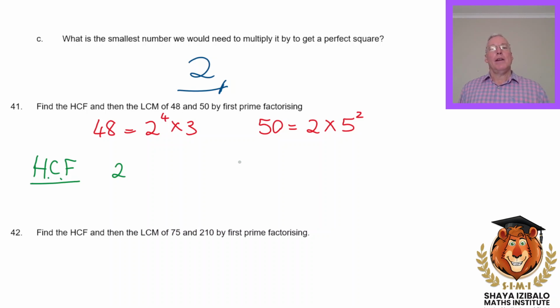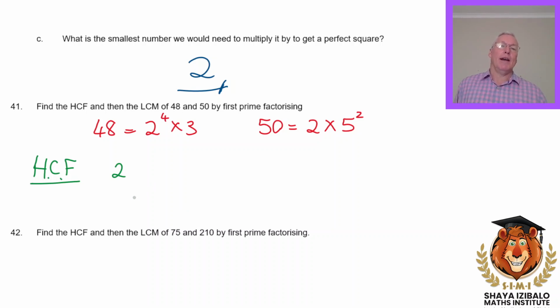It can't have 3's in it, because a number with 3's in won't divide into 50. 50 hasn't got any 3's for it to divide into. And it can't have 5's in it because, all right, so there it is. So when we write down the HCF, we only take the bases that are common to both numbers, or all the numbers if there's more than 2 numbers.